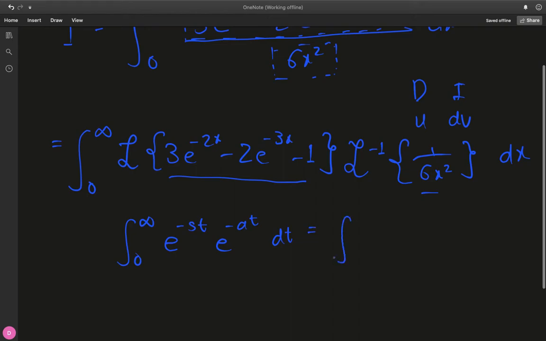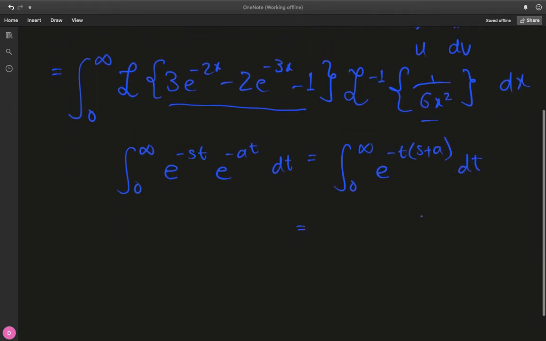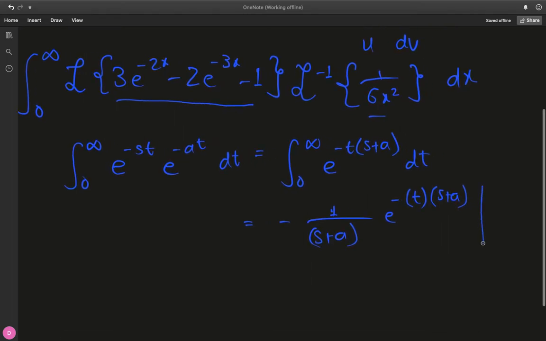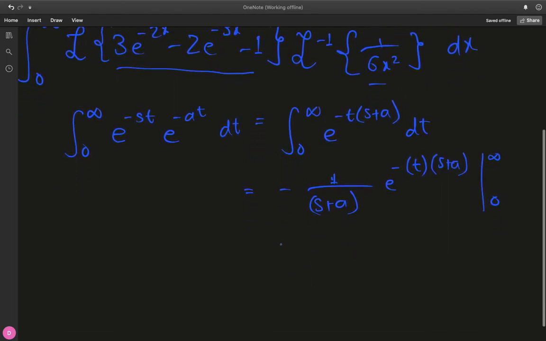This is nothing but the integral from 0 to infinity of e raised to negative t times (s plus a) dt. This is nothing but negative 1 over (s plus a) times e raised to negative t times (s plus a) evaluated from 0 to infinity, and then finally this just becomes 1 over (s plus a).